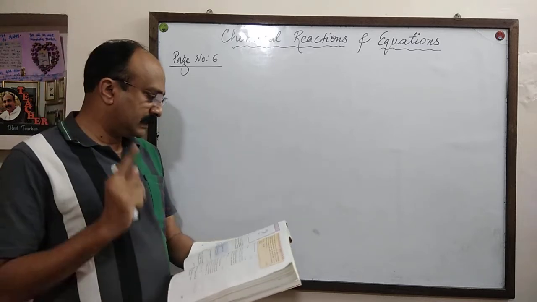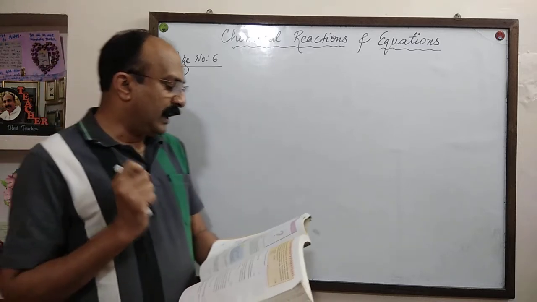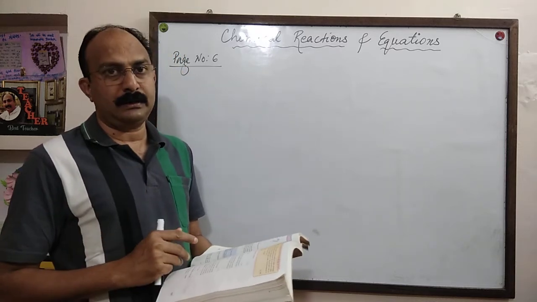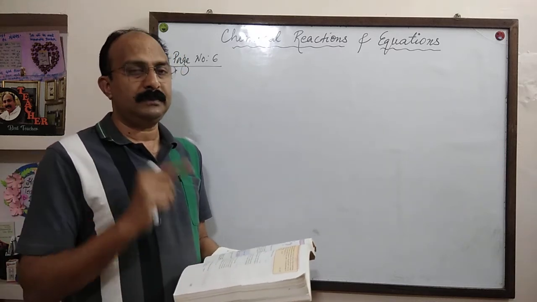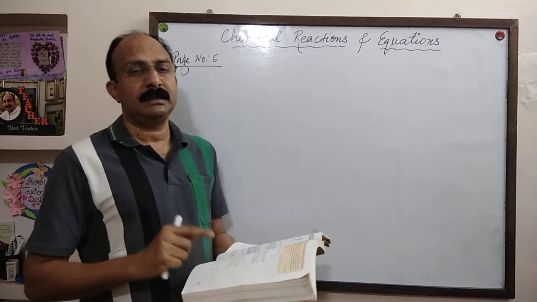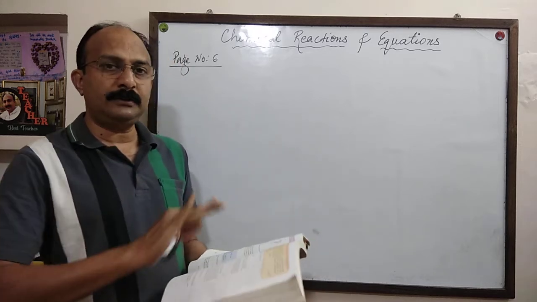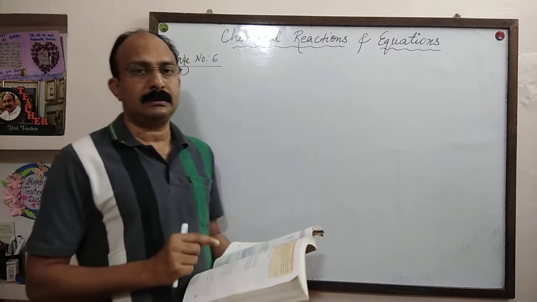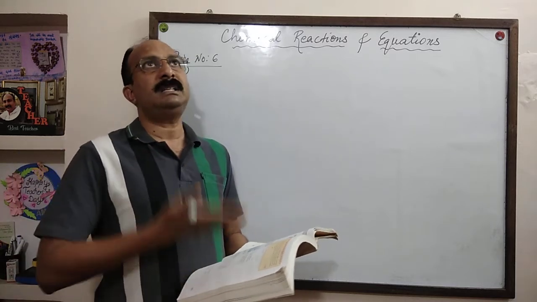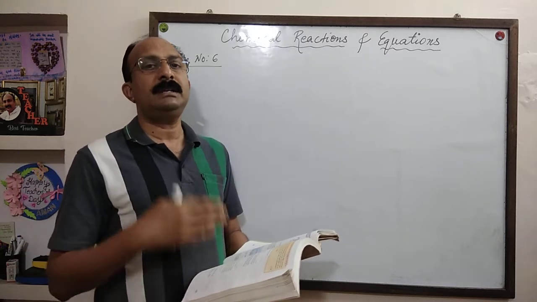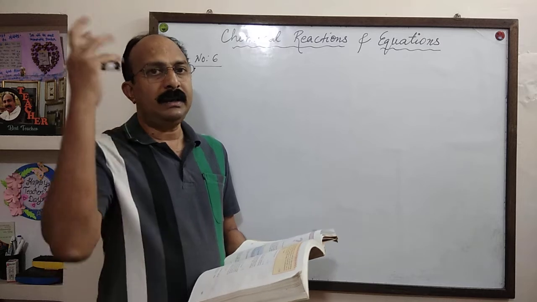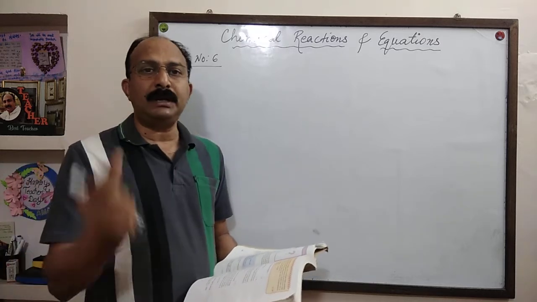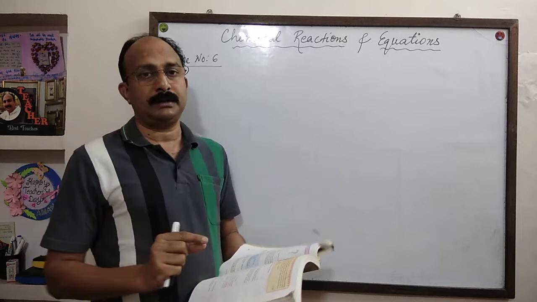Page number 6, question number 1. Why should a magnesium ribbon be cleaned before burning in air? It was given by me in my previous class. A magnesium ribbon is always rubbed with sandpaper or cleaned before burning because when it is kept in open air, it will react with atmospheric oxygen and a layer of magnesium oxide will be formed over it.